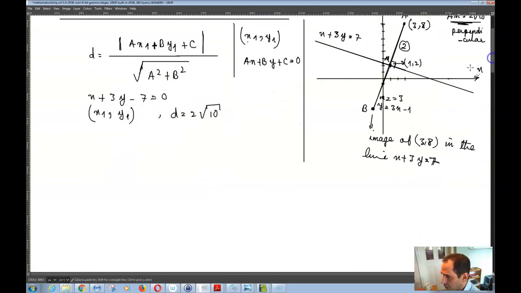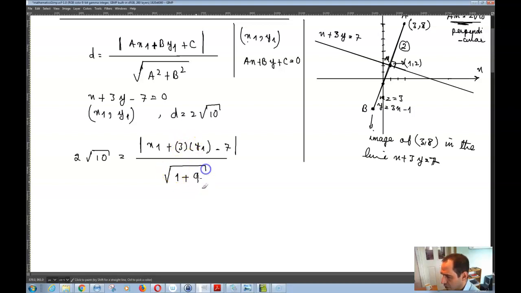So then I put all of these in the formula. 2 square root of 10 is equal to the absolute value of, A over here is 1, x1 is x1, B is 3 times y1, and C is negative 7, over the square root of A squared, which is 1 squared is 1, plus 3 squared is 9, so that's square root of 10.